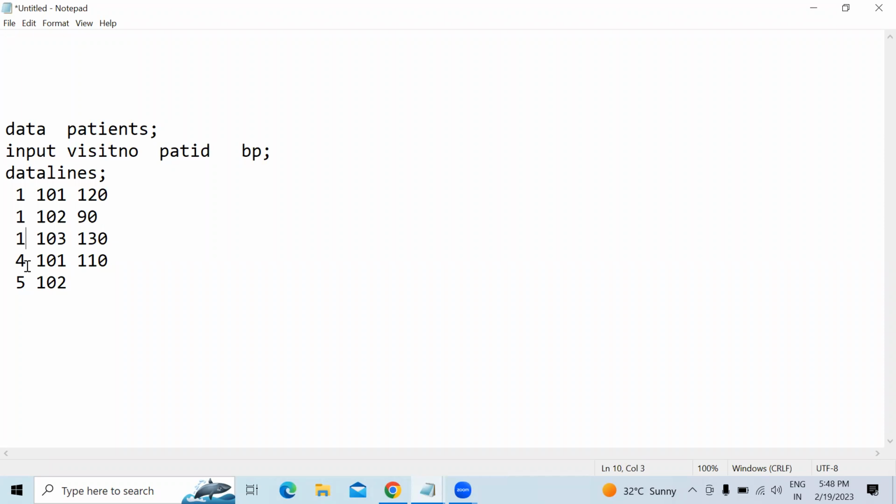In the second visit of 101, his BP decreased to 110. And in the second visit of 102, it's 95. Again, in the second visit for 103, it's 120.